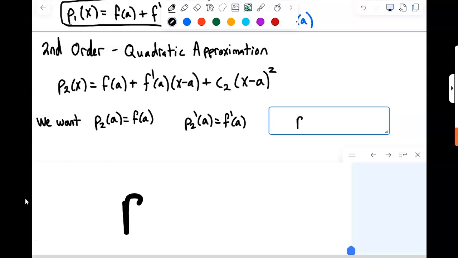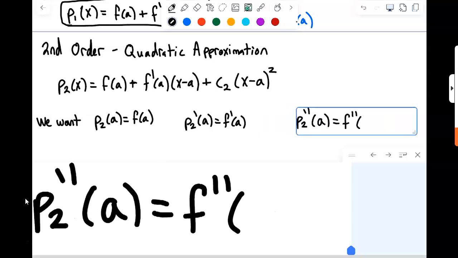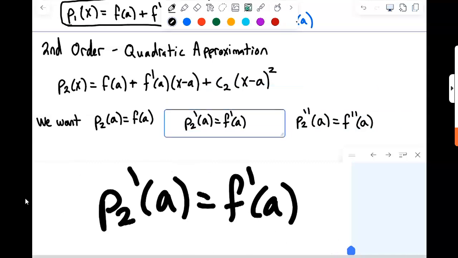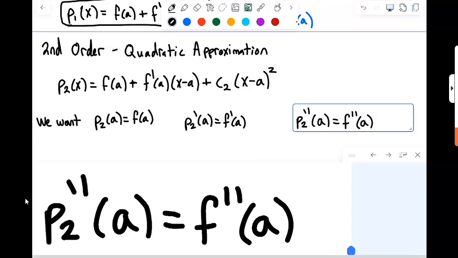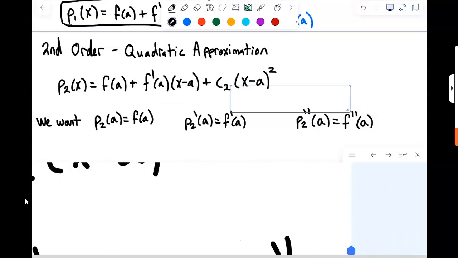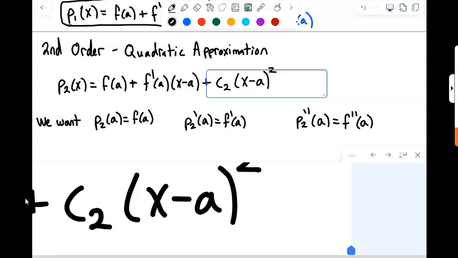And since we can do it now, we'd like the second derivative to agree with the function's. That way, at the very least, at the point a, if the function's increasing at a, then ours should be increasing. If the function's decreasing, ours should be decreasing. If the function's concave up at a, ours should be concave up. We'd like to keep all those things lined up with our approximation, and that'll help us stay close to it, maybe just a little bit longer.